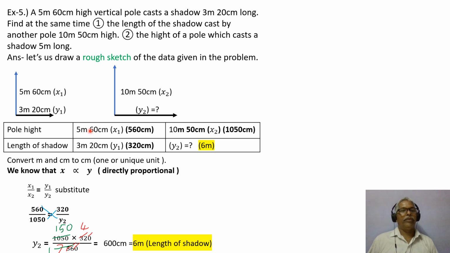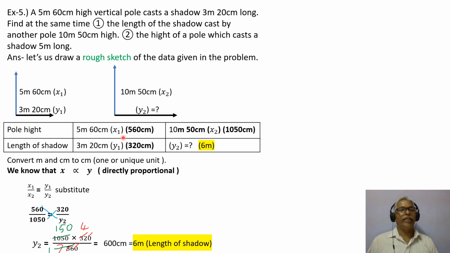Now prepare this table. Pole height, that is x1, x2: 5 meters 60 centimeters, 10 meters 50 centimeters. And length of the shadow 3 meters 20 centimeters, and this we have to find out.